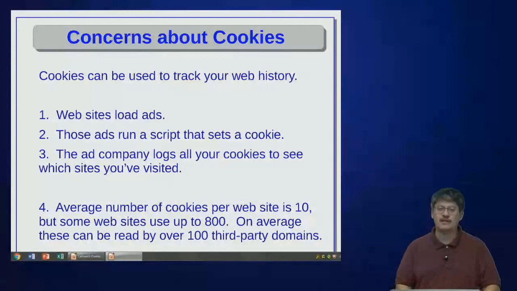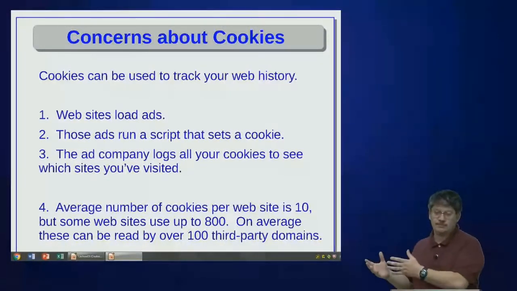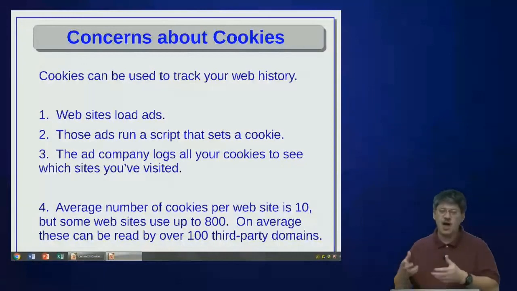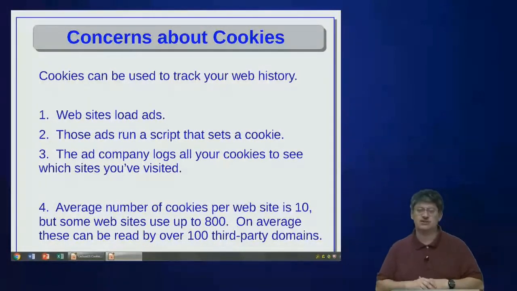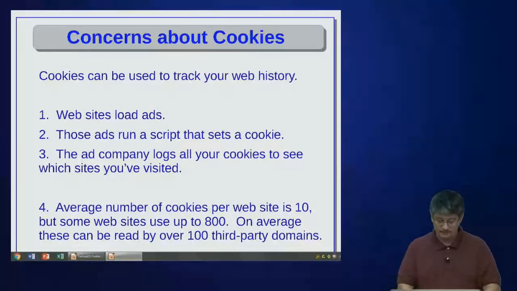Google makes most of their money selling that information that they collect with these cookies. So websites load ads. The ads run some sort of script that creates a cookie. And then they log all of these cookies to see which websites you visited. And they sell that information so they can do targeted marketing. Someone did a study on cookie use, and they found that the average number of cookies on a website is 10, but some websites have as many as 800 cookies that they store.